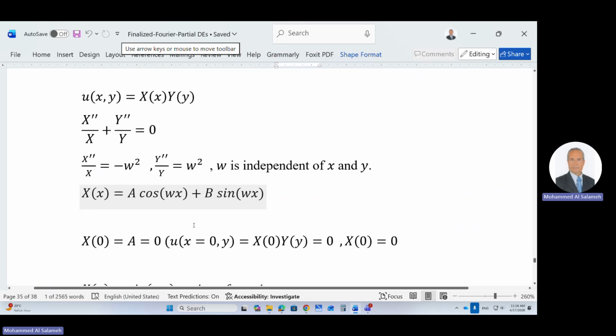Now we apply the conditions. X at x equal to 0, which is the y-axis, is equal to 0, given. So this will be a, b, the sine is equal to 0, and cosine equals 1. So a should equal 0.